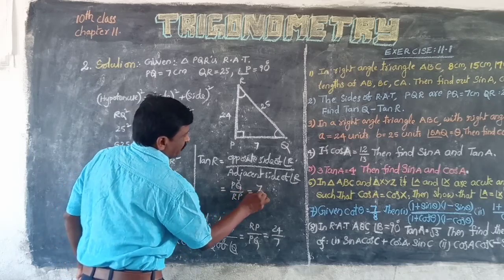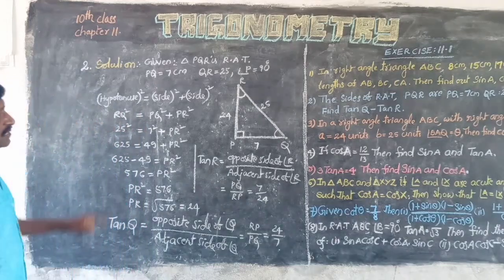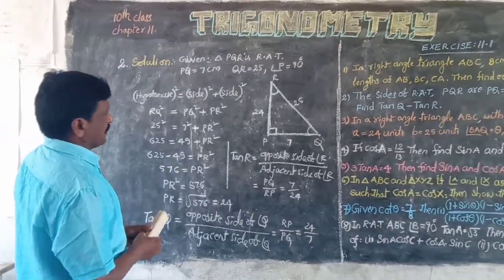So PQ 7, RP 24. We want tan Q minus tan R.